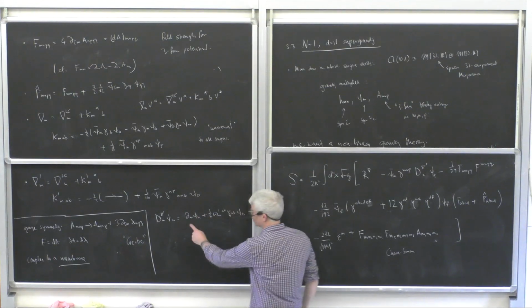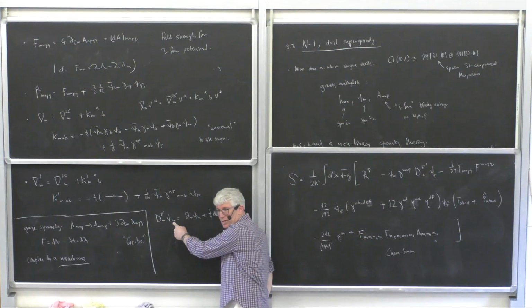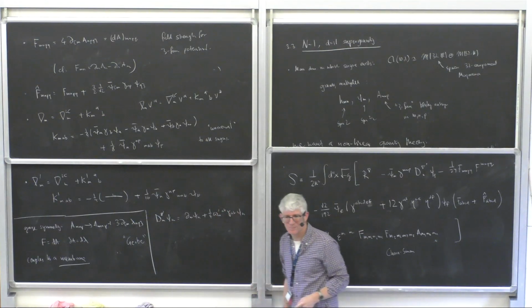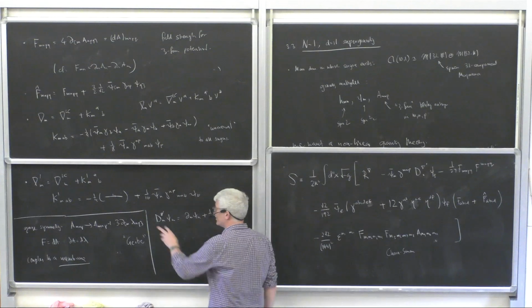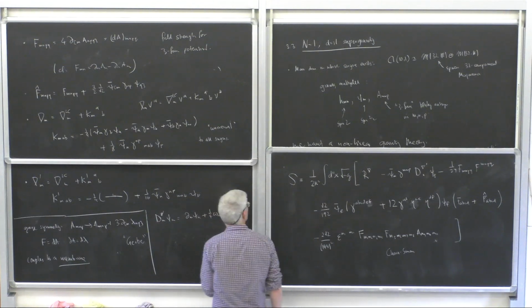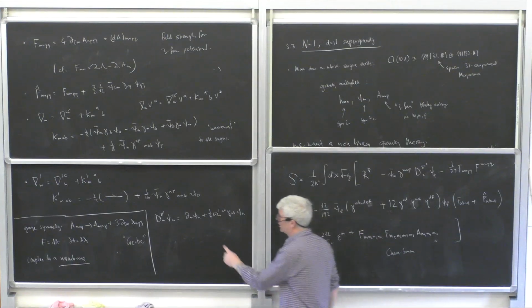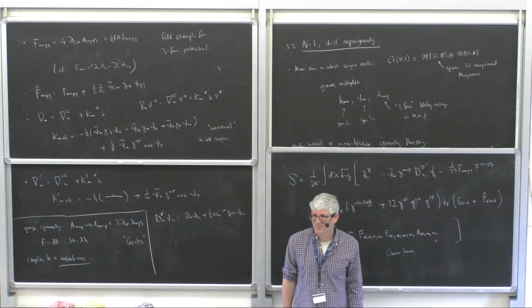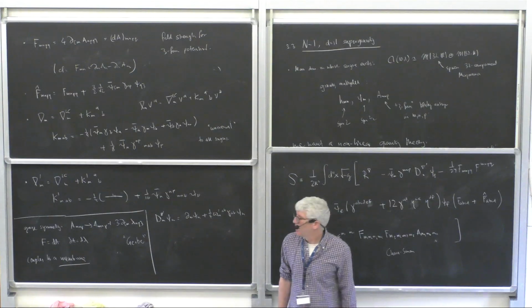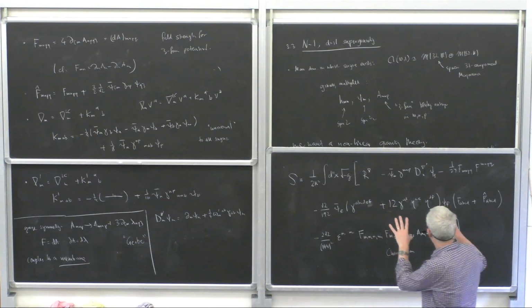So in general, there should have been a connection that also saw the vector index, but we dropped that term, just as we did in the four-dimensional case. If this connection had no torsion, that term wouldn't contribute because it's anti-symmetrized. But this connection does have torsion, so that's not what we're doing. We're doing something else. Okay? Okay. So that's all the ingredients.